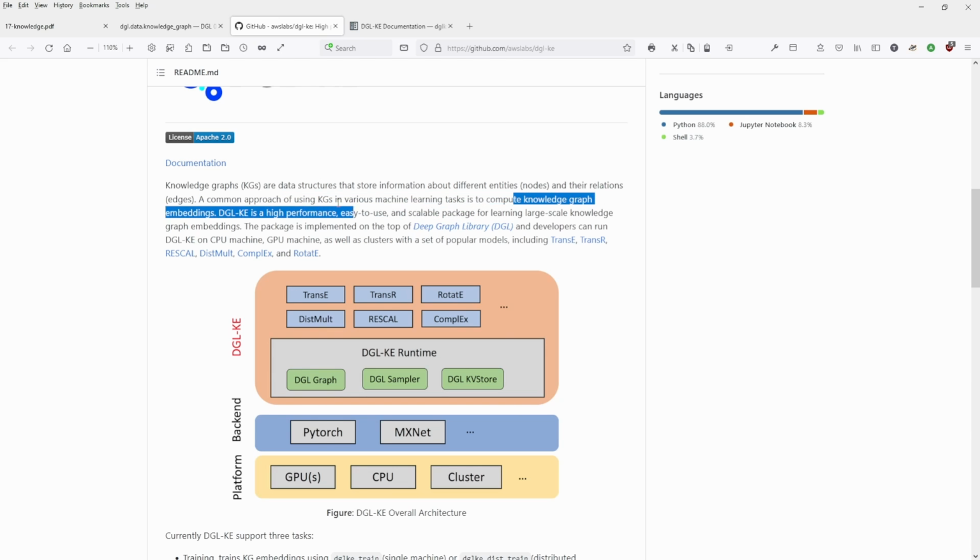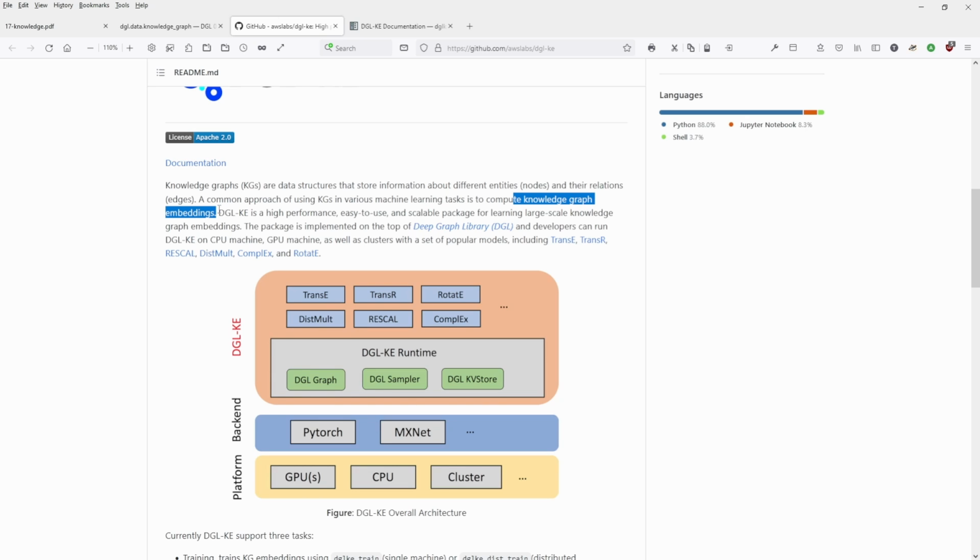The goal is to compute the knowledge graph embeddings. You remember with the normal graph, not the complex knowledge graph but a simple monodirectional graph structure, for example, we calculated the embedding in a lower dimensional vector space to reduce the complexity and to speed up our compute time.